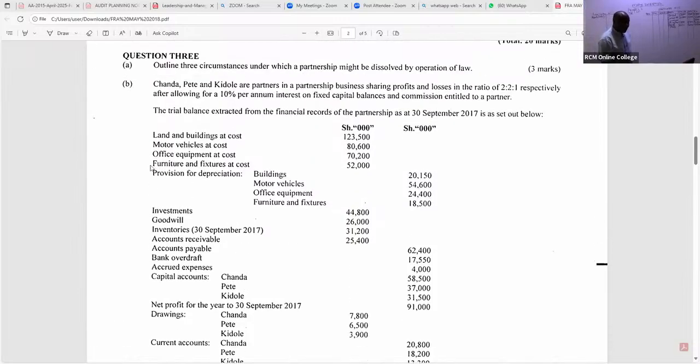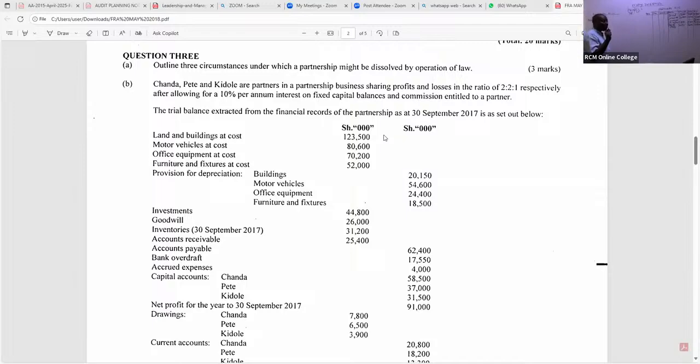So the first one that was realized to the new company is land and buildings. So we have here land and buildings. So land, are you able to see the cost? The cost given is 123,500. We subtract its accumulated depreciation.